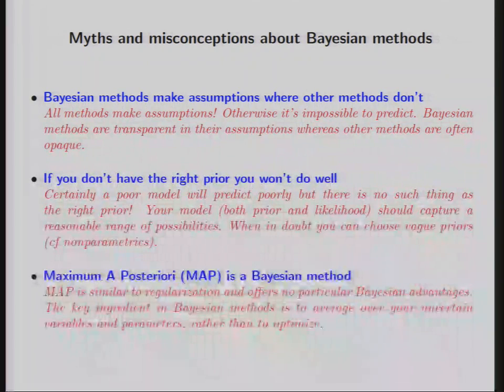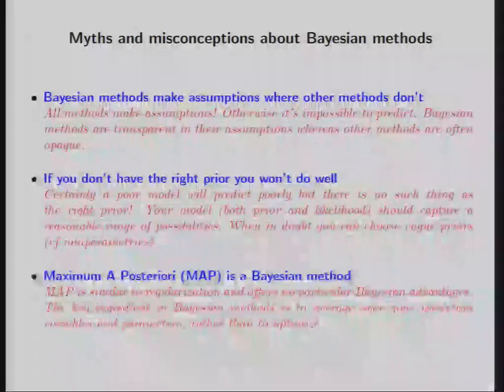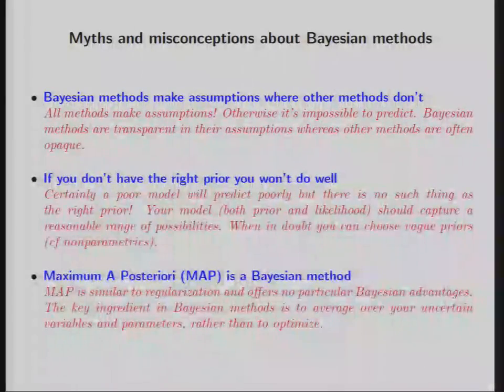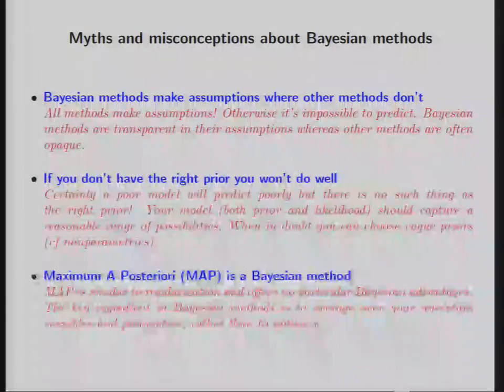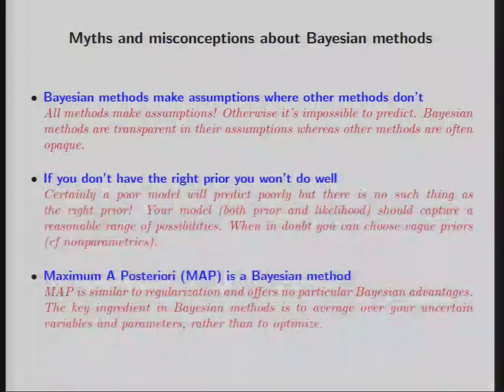Okay. So now I'll just get to some points for discussion. So the first few points are just kind of my personal views on some myths and misconceptions about Bayesian methods. And I don't want to rant about this too long, but I think it's useful to have them on a slide to be able to talk about them.